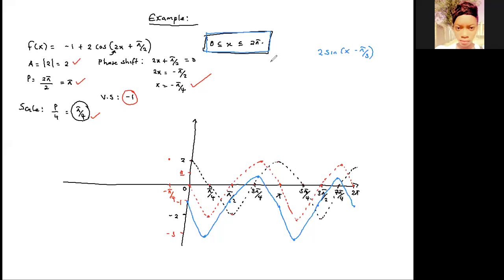Like for the cosine graph, it starts from 1, then it goes downwards. So do you start from 1 and then you stretch it 2 units downwards, or maybe you start from a point lower than the 1? You start from 0.